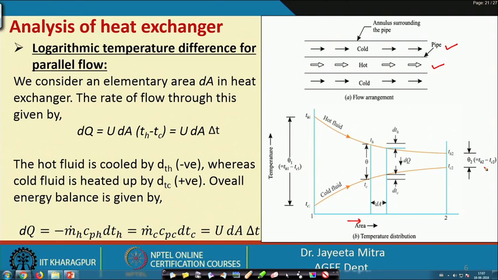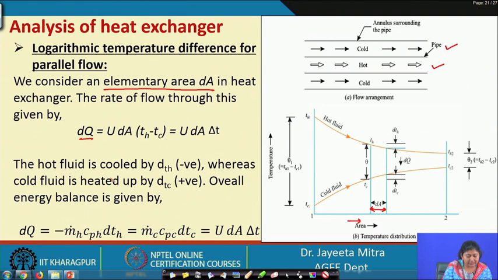So, if we consider an elementary area dA in the heat exchanger, the rate of heat flow through this elementary area will be dQ, let us say. That is U dA into the difference between the two streams, Th minus Tc, or U dA delta T. As of now we are not considering that this is LMTD, we are just taking delta T as the temperature difference between the hot and cold streams.